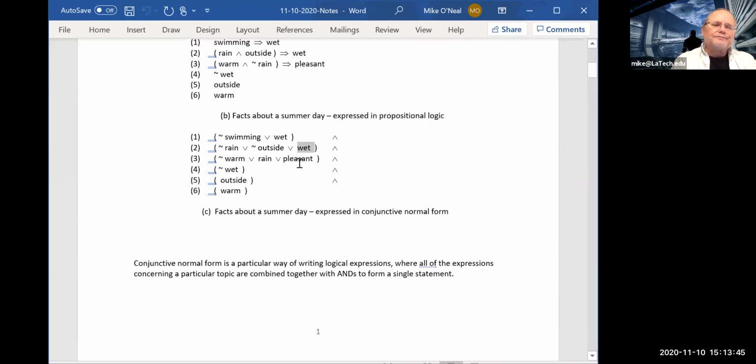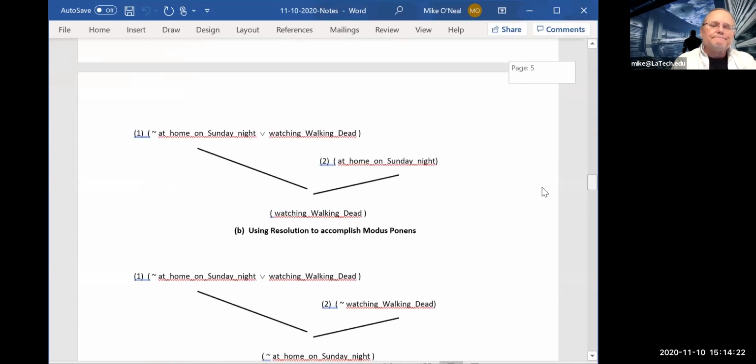So this is not actually in the horn clause subset of conjunctive normal form, because I have two non-negated clauses, and I'm really only allowed to have one. But 1, 2, 4, 5, and 6 are all valid for the horn clause subset.